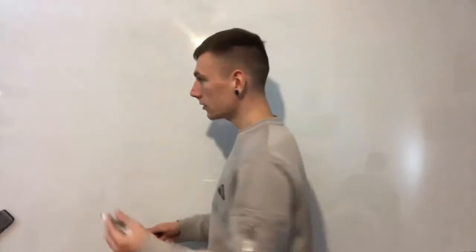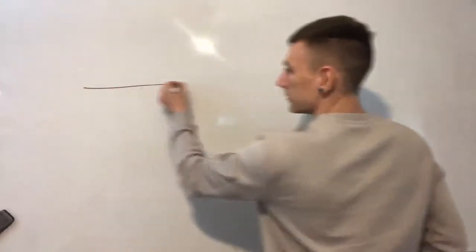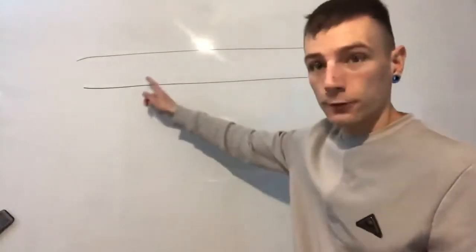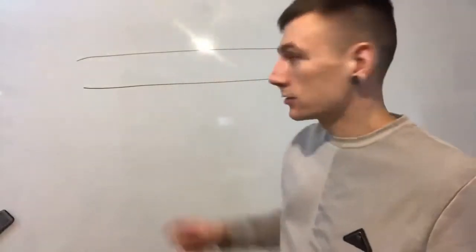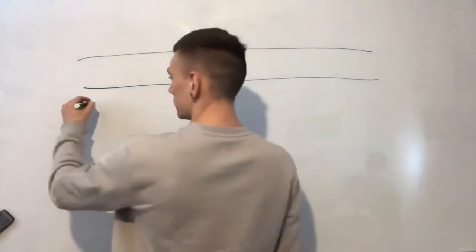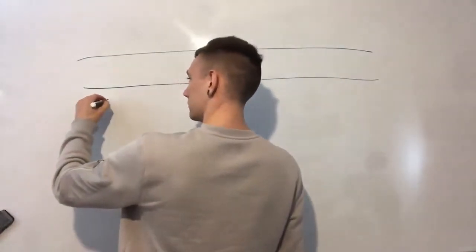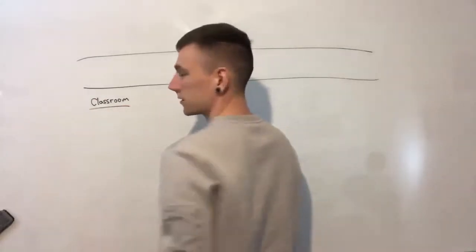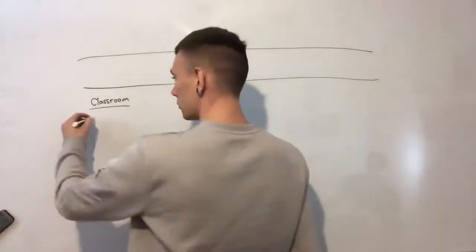I'm going to draw a little example on the board here, to give you a bit of a visual. Imagine that this here is a flow of information. This could be in your classroom. This can be a virtual online course.